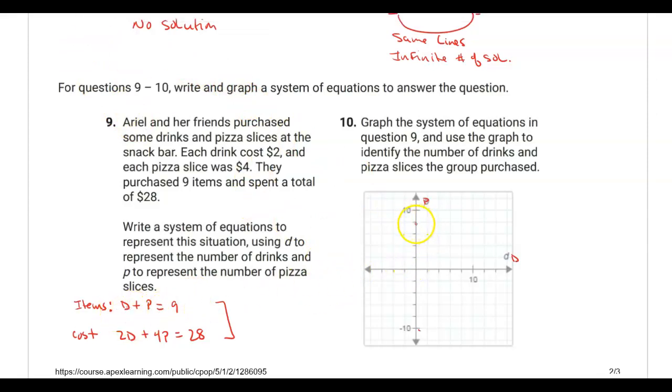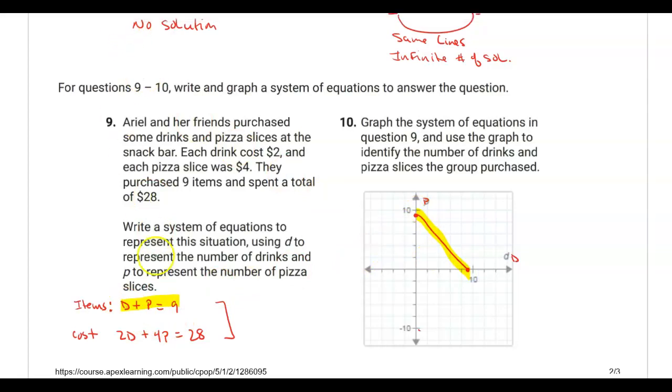So (0, 9) would be 1 ordered pair. And if I said I had 9 drinks and 0 slices of pizza, that would be my other point. And that's what that first line would graph like.